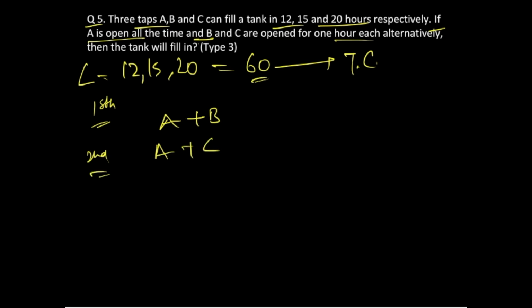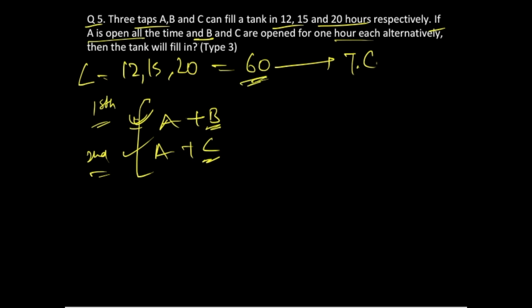So these are the working procedure for this particular system, in which A plus B is working for the first hour, and then for the second hour A plus C is working. Then again for the third hour the same thing is going to get repeated, that is C would be closed and B would be working. So this process will continue until the entire tank, that is 60 units, is being filled.